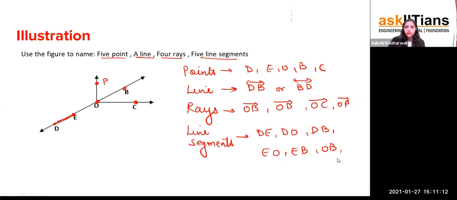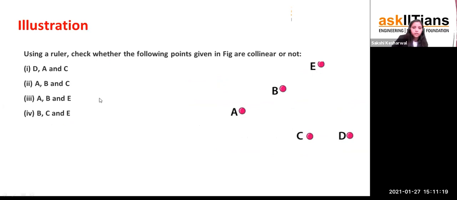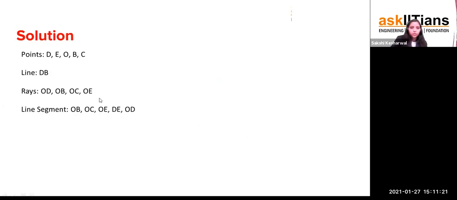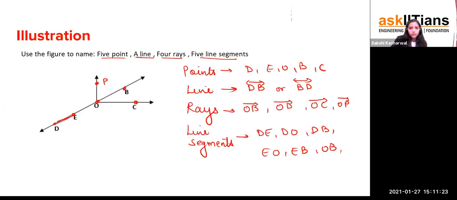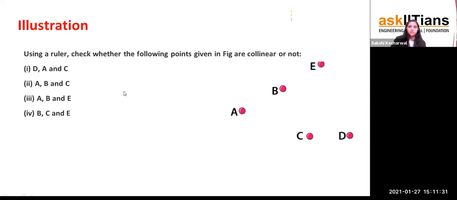OB they have not taken because they have considered this as a ray. Oh, wait a minute. OB, OC, OE, DE. I'm correct, that's correct. Leave it, you can write it like that also. It says any of it, so I wrote many of it. Doesn't matter.